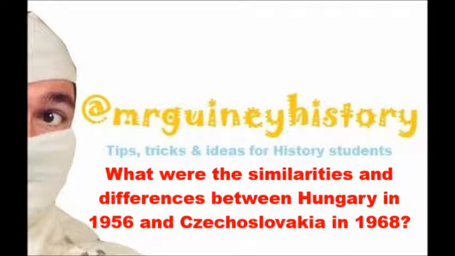The middle letter, the E, stands for evidence, and obviously a good point should be supported with precisely selected historical detail. This might be in the form of names, dates, statistics, quotations, people, places, and events.